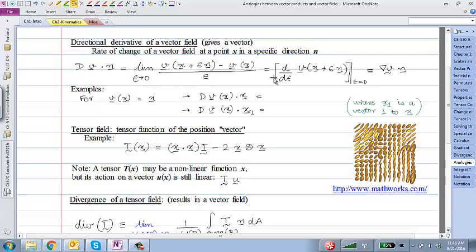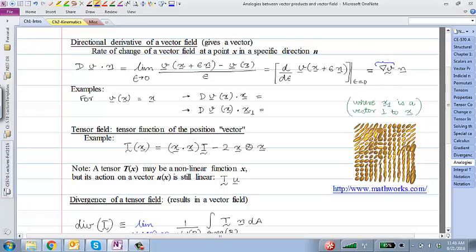That, of course, is the same definition that we had for scalar fields: take the normal derivative with respect to epsilon of v at x plus epsilon n. It so happens that you can show this directional derivative also follows the same logic. The directional derivative is equal to the gradient of the vector field.